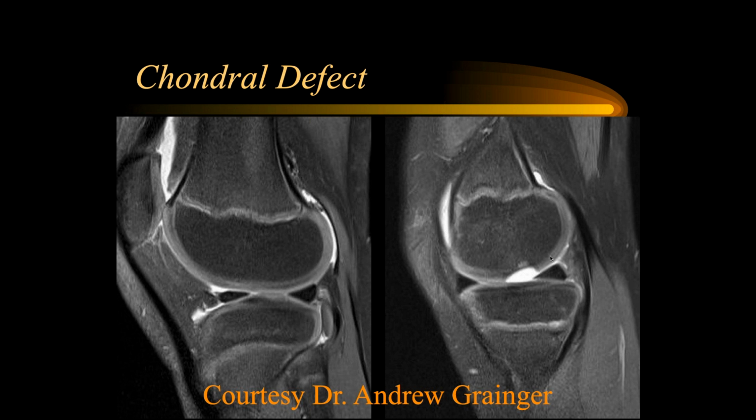You have to look at the rest of the MRI and try to find that displaced chondral fragment to see if it can be repaired. Look on the left image and see if you see something interesting there. Oh, I see it there along the posterior aspect of the lateral tibial plateau. There's that displaced chondral fragment.